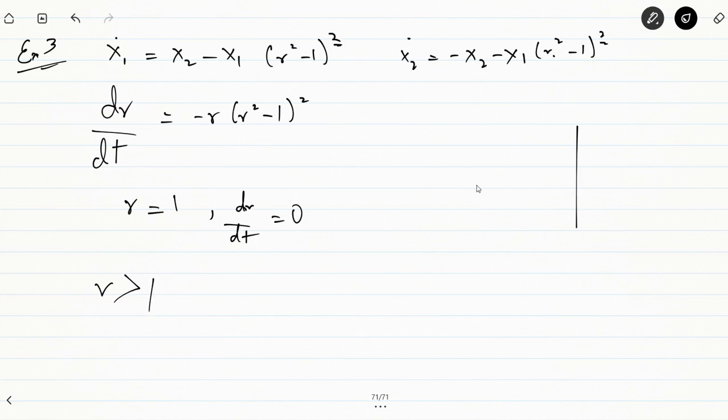For r greater than 1, for all the initial conditions that are outside this unit circle, if you start on this unit circle, you tend to remain on this unit circle for infinite duration of time.